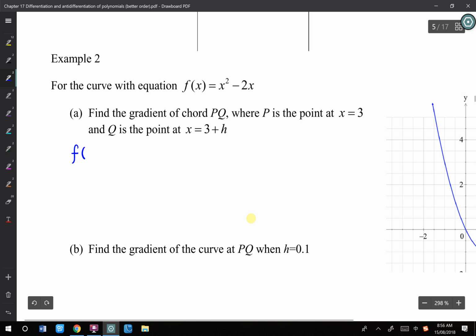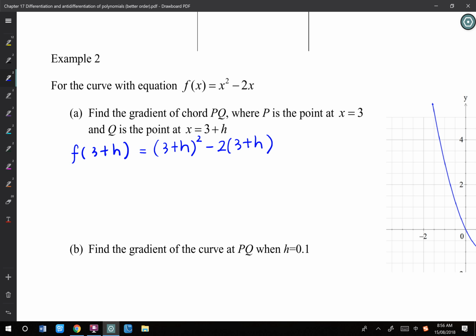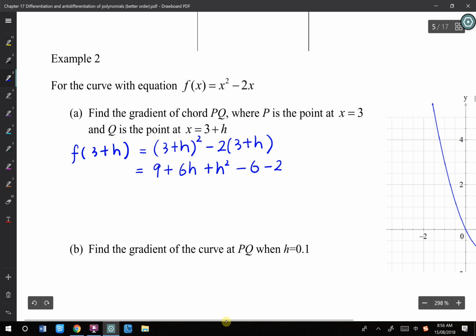We find f(3 plus h). That is (3 plus h) squared minus 2 times (3 plus h). Okay, sub the x with 3 plus h. So we expand that. That's 9 plus 6h plus h squared minus 6 minus 2h.